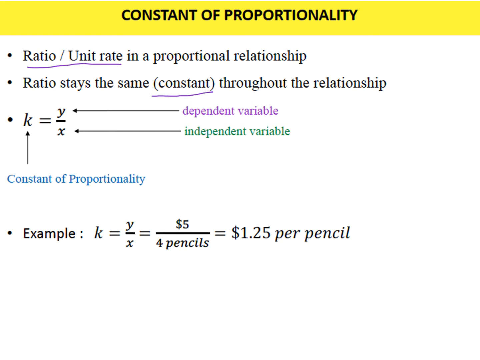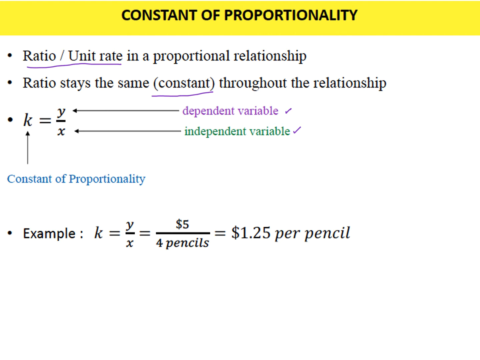Constant of proportionality is more formally defined or expressed through the formula k equals y over x, where y is your dependent variable and x is the independent variable. So the constant of proportionality is essentially the ratio of the dependent variable to the independent variable.